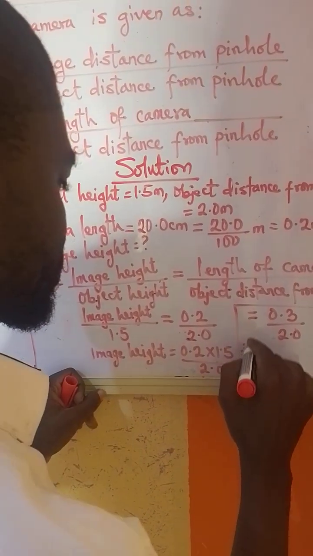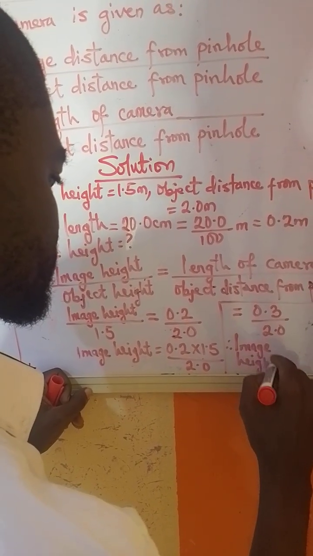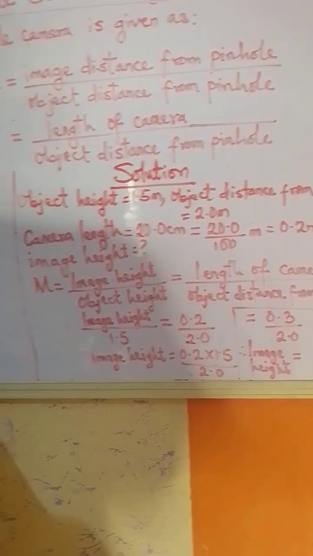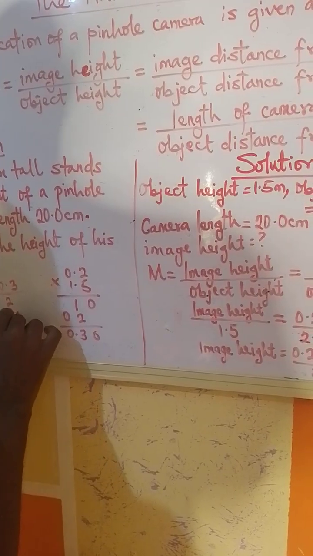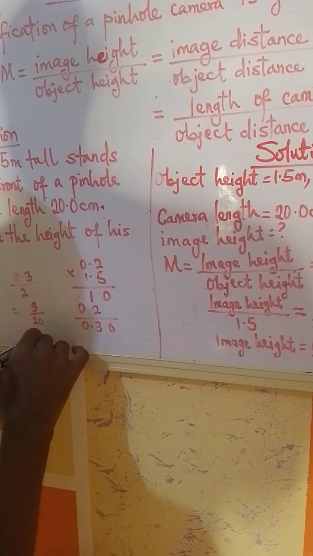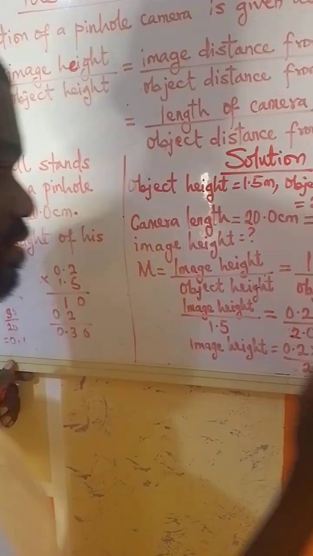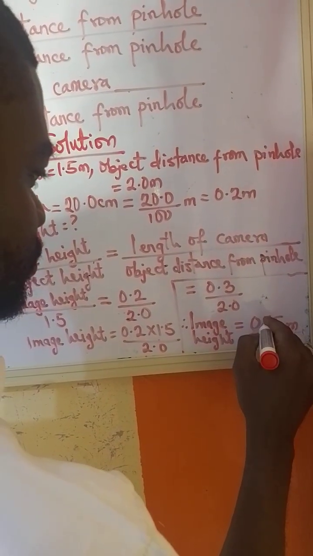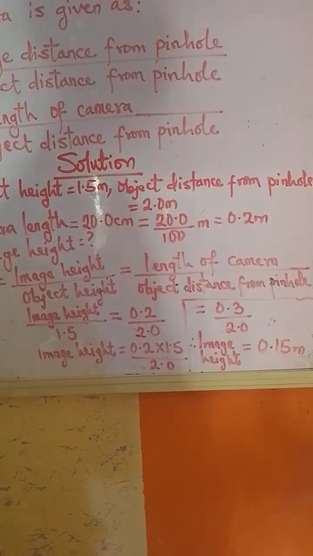So therefore our image height is 0.3 divided by 2, which gives 0.15 meters. So that should be the image height of the object. Thank you very much.